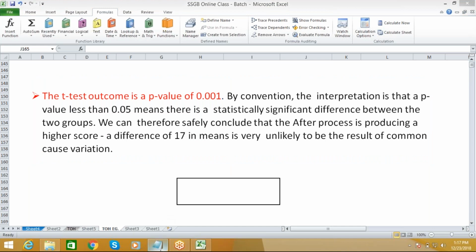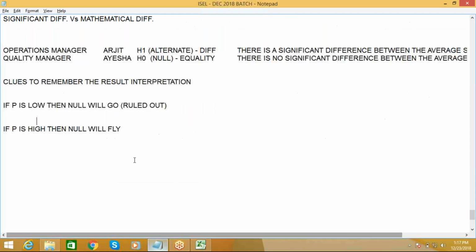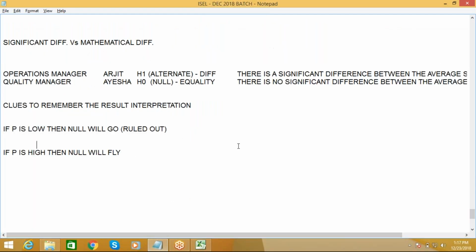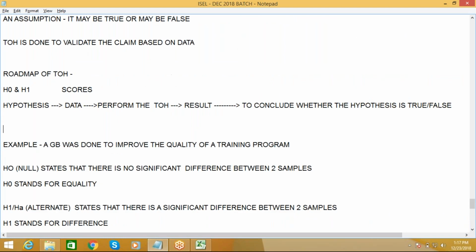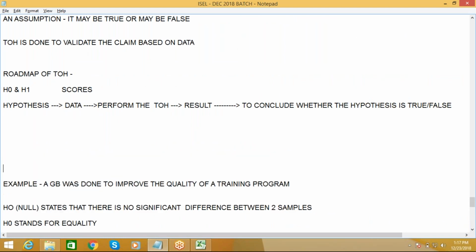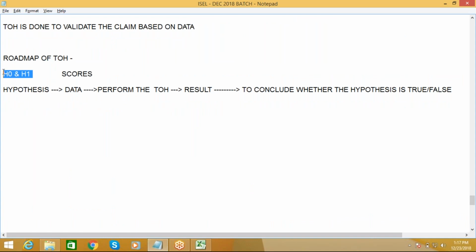Okay, now let's go back to our notepad and just complete this. So now it's very easy to go through the roadmap. Initially we had the two hypotheses, the null and the alternate. Then we had the scores, and then we did the test of hypothesis, which I'll just put in Minitab or Excel.